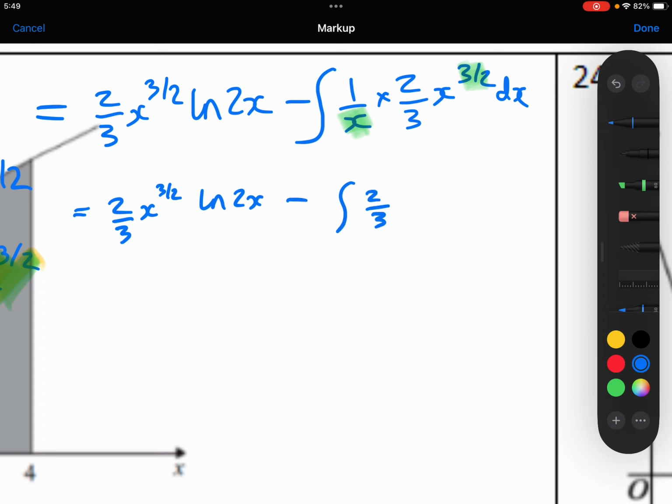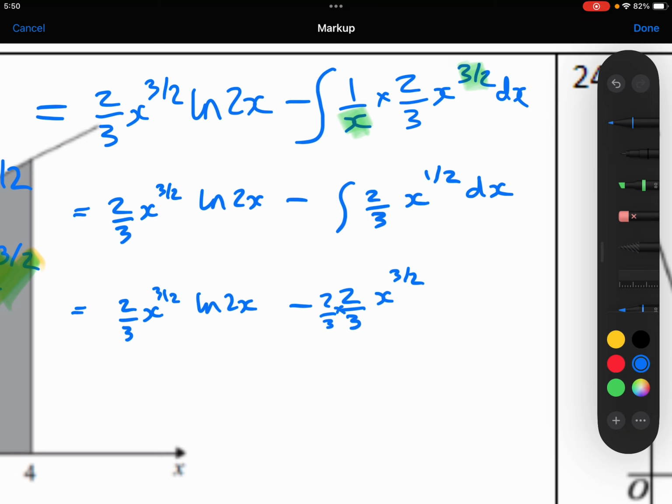So we'll just have 2/3 and that 3 over 2 take away 1 is a half. And now I can do that integration reasonably easily. So we're going to add 1 to the power to get 3 over 2. We're going to divide by the new power, which is the same as timesing by 2 over 3. So we'll get 4 over 9.